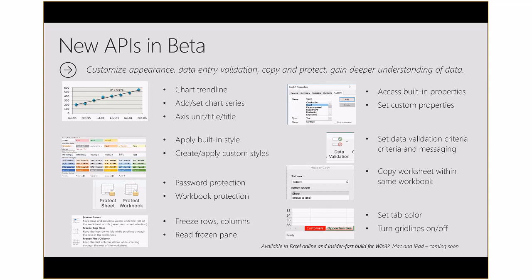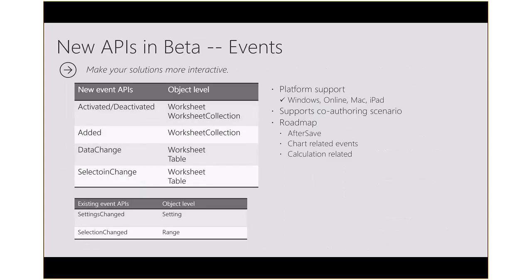Next, I want to talk about the new APIs that are in beta pertaining to events. As you can imagine, events are really core in making your add-in solution more interactive and more aware about what's going on in the worksheet and workbook, and more aware of the user inputs.